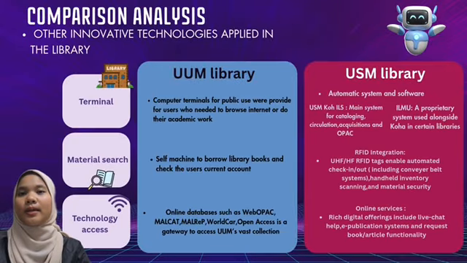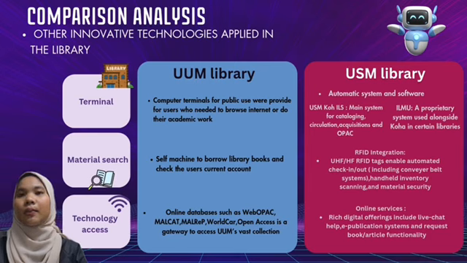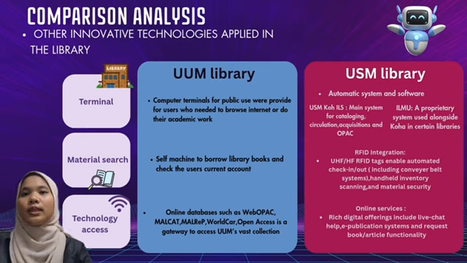Here is the comparison analysis for other innovative technology applied in both libraries, UUM Sultanah Bahiyah Library and USM Hamzah Sendut Library. First, innovative technology is terminal. For UUM Library, a computer terminal for public use is provided for users who need to browse the internet or do their academic work.